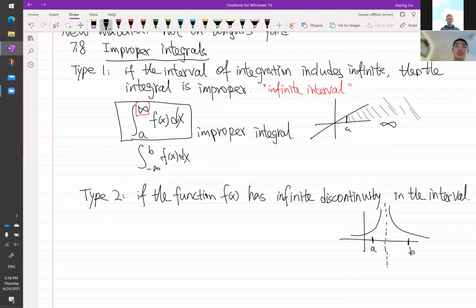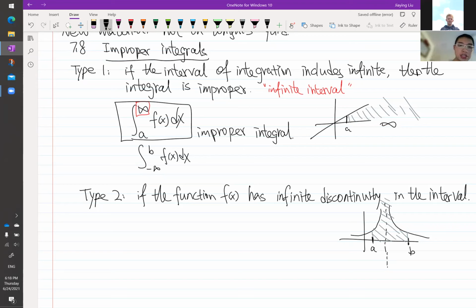So that's an infinite discontinuity. If we try to find the area between a and b, it's difficult because the curve goes to infinity in the middle. How do we find the area when infinity is involved?